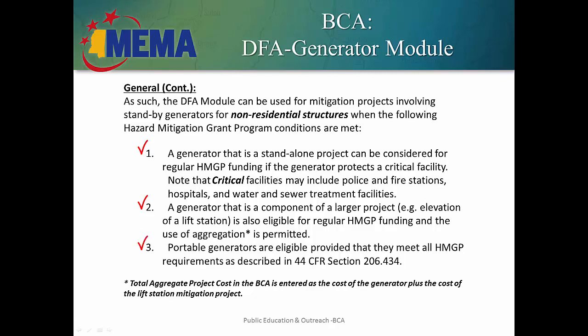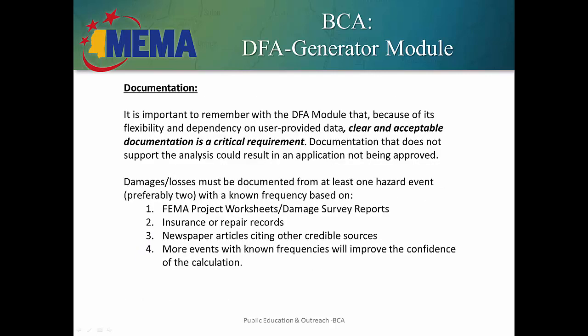And 3, portable generators are eligible provided that they meet all HMGP requirements as described in 44 CFR Section 206.434. It is important to remember with the DFA module that because of its flexibility and dependency on user-provided data, clear and acceptable documentation is a critical requirement.